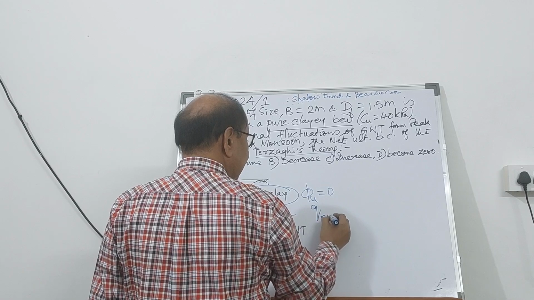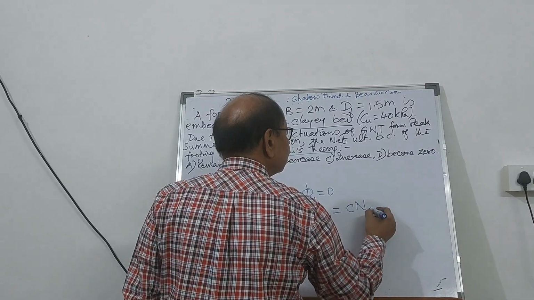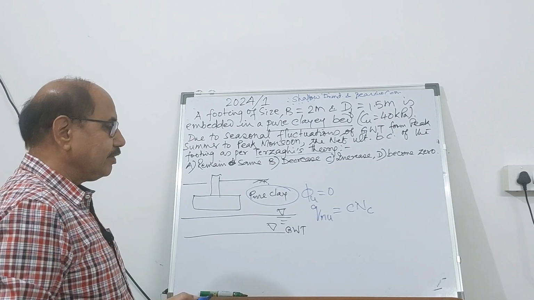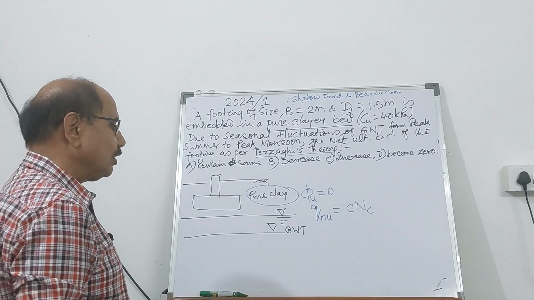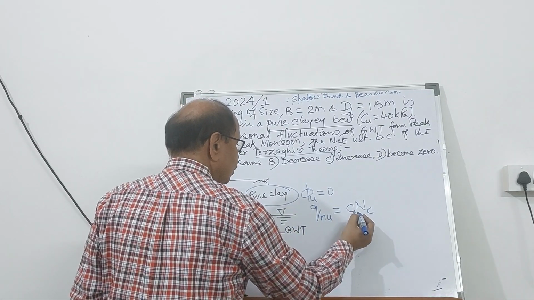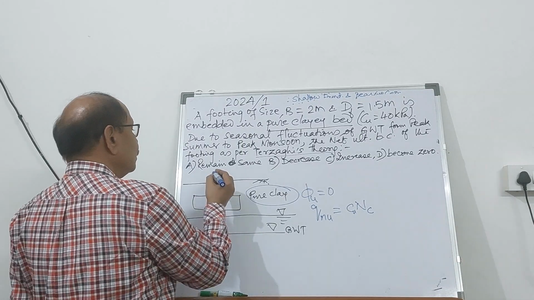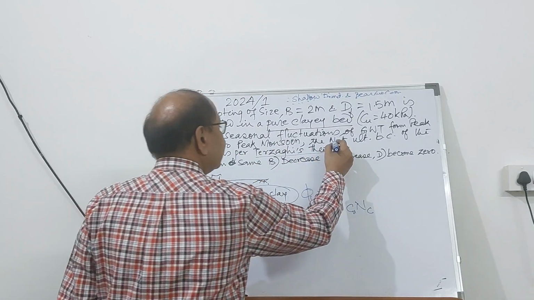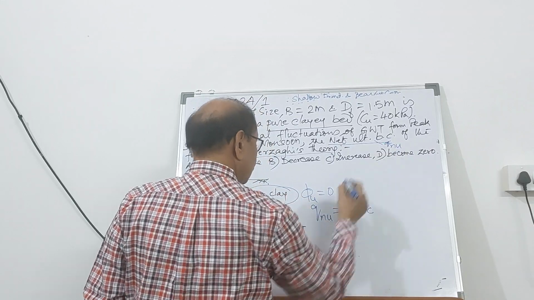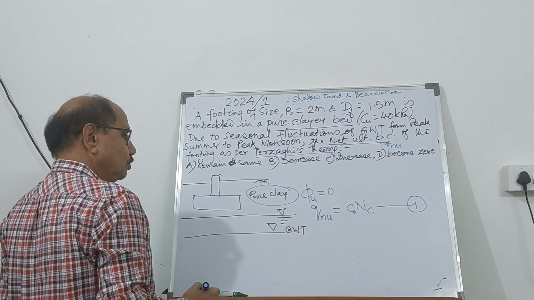net ultimate bearing capacity will be Cu Nc. And now Nc value, as given by Terzaghi, will be 5.7. So Nc remains unchanged, and Cu is given. So the net ultimate bearing capacity, qnu, is this formula.